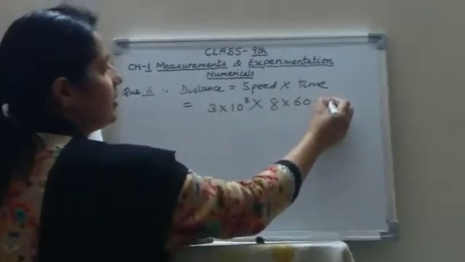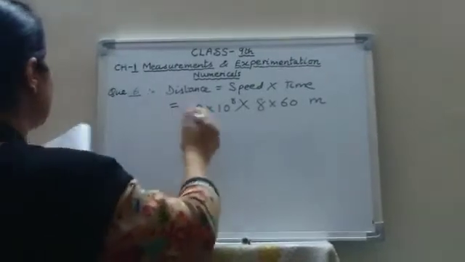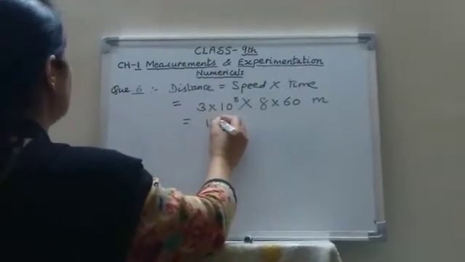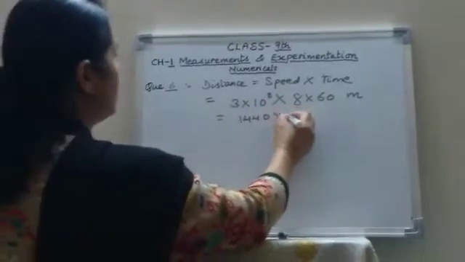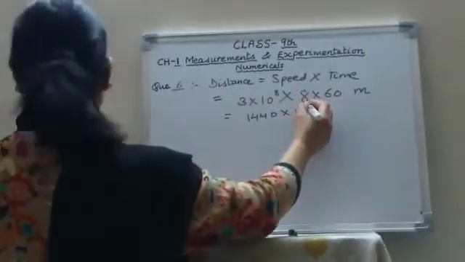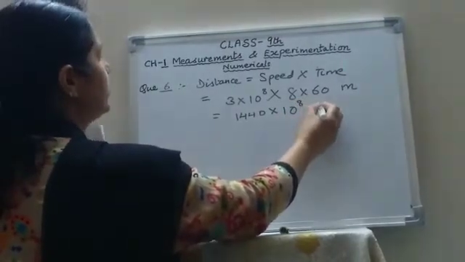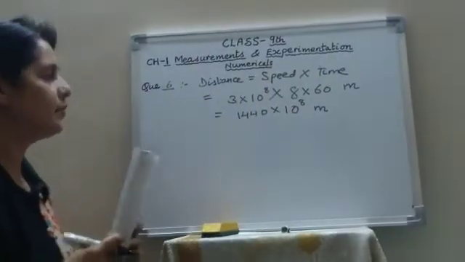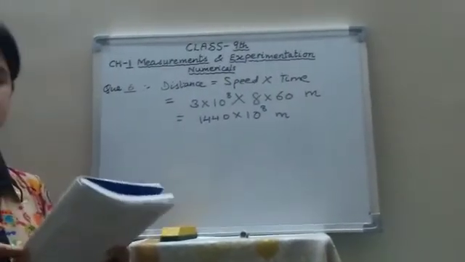It will be converted into second. So you will get the distance in meter. So when you multiply this, you will get 1440 into 10 to the power 8 meter. Now you have to convert into standard form.